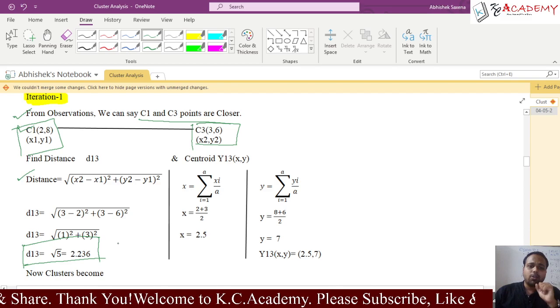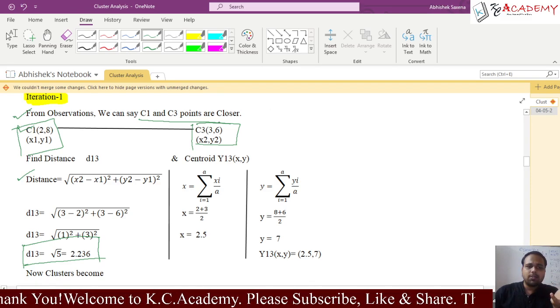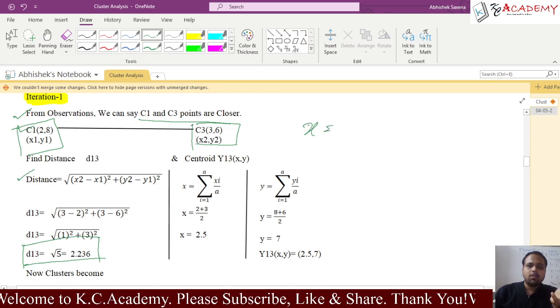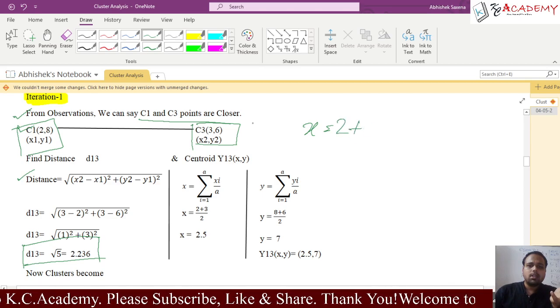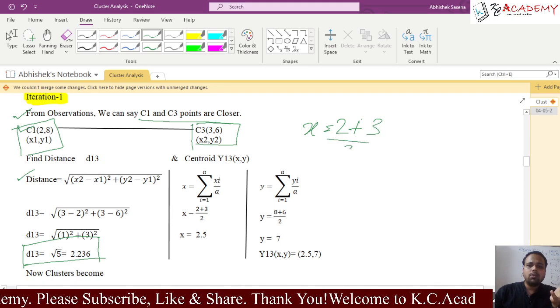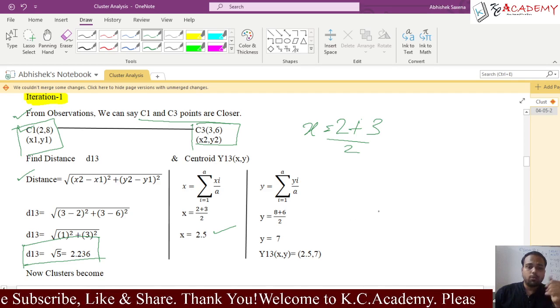And similarly the centroid, as I explained already how to find the centroid. There are 2 points. What will be the x value? Here C1 is 2, C3 is 3, so 2 plus 3 divided by 2, that is 5 by 2, that is 2.5. You understood how 2.5 is coming.